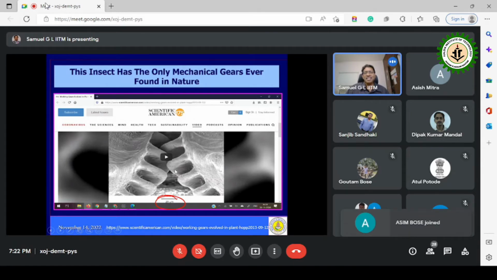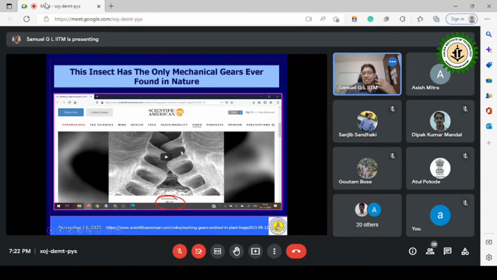When the insect wants to jump forward, it has a mechanism like micro gears, where they clutch like this and then move, giving the impetus for the insect to jump a longer distance than it is otherwise capable of. You can see the tooth profile and the whole set of teeth with the gap and everything. It has been so nicely made. This article came in Scientific American, and if you want, we can look at it.